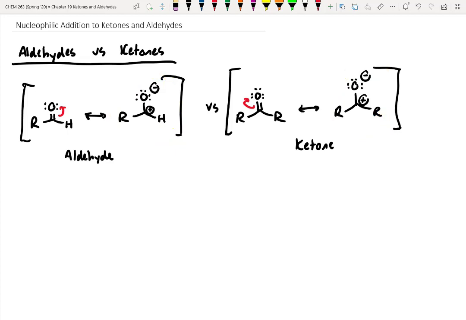All right, so the question is, which one is more stable and which one's less stable? Well, really, when we're looking at this, what we can focus in on is this carbocation, right? Really, that's the main difference here. So if we think about the stability of the carbocation in the resonance structure on the right, we can say, well, this one is going to be more substituted, which means it's going to be more stable.